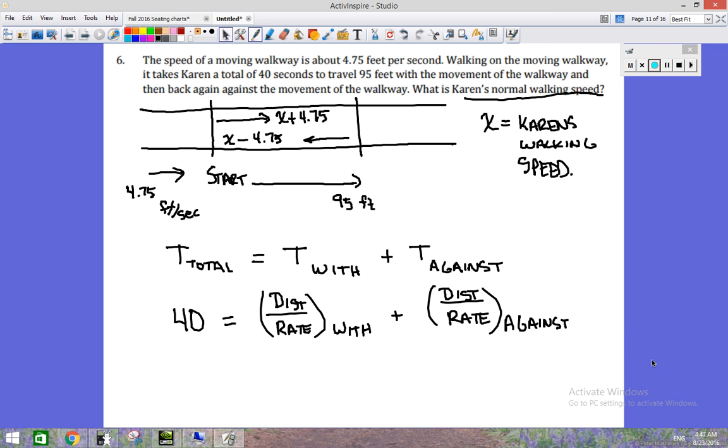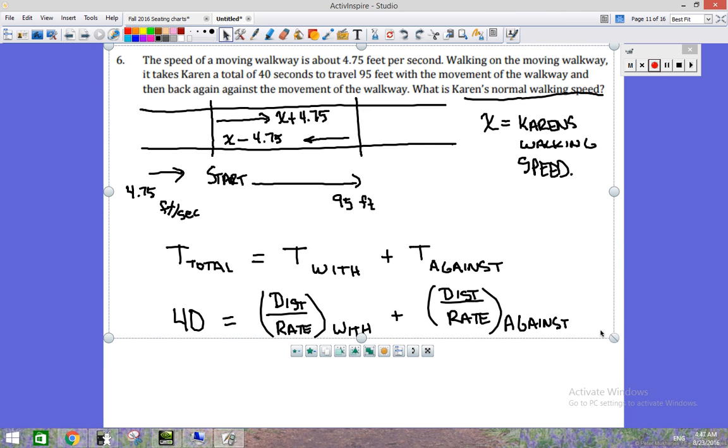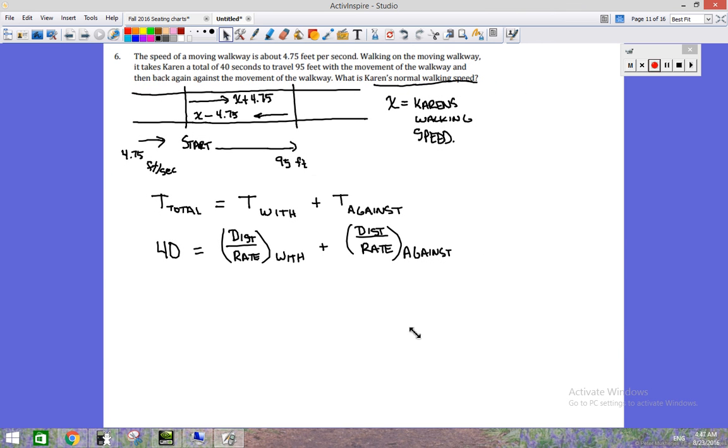Now the distance in each numerator is the same, the 95 feet. So we've got 40 is equal to 95 in this numerator, and 95 in this numerator.